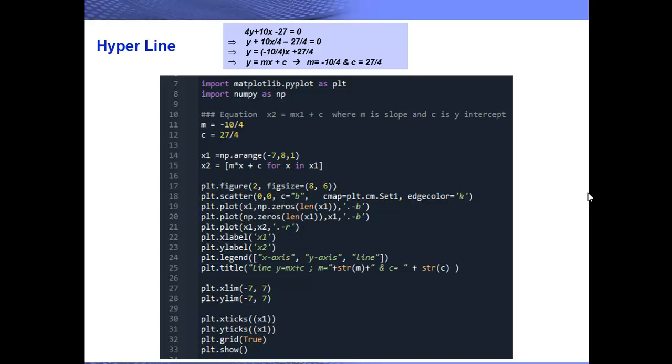This was a simple example of finding the hyperplane, but as we go to advanced machine learning, we will see how optimization is used to decide the hyperplane. Fine. So in this video we are going to see quite a bit of programming.